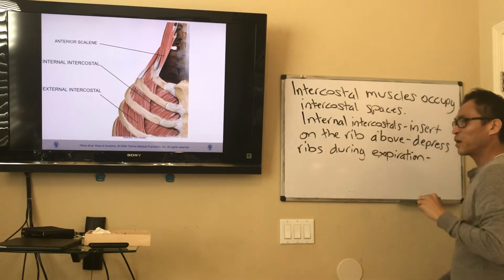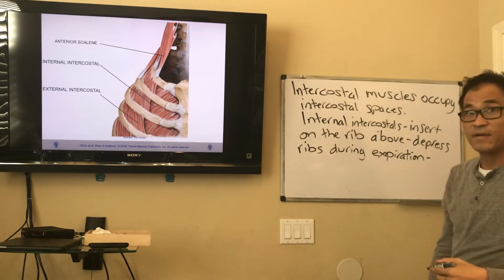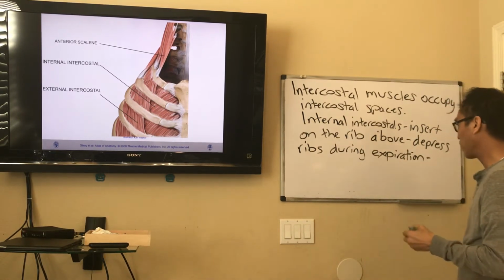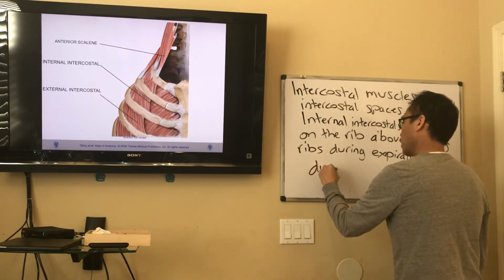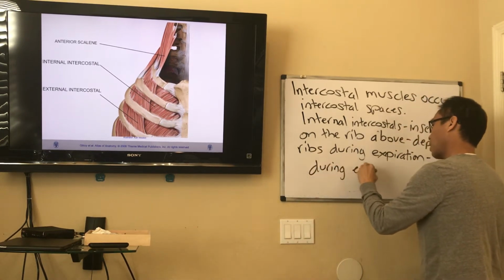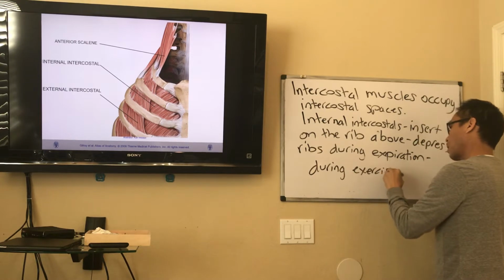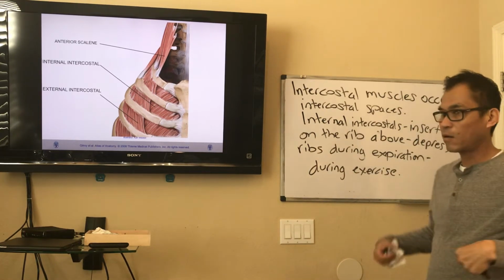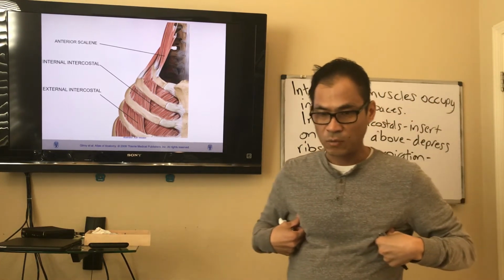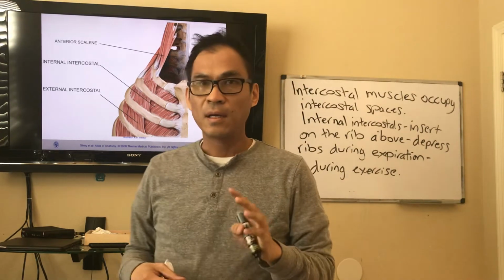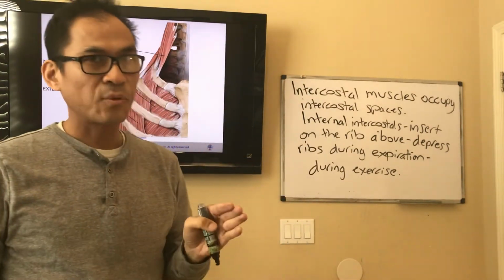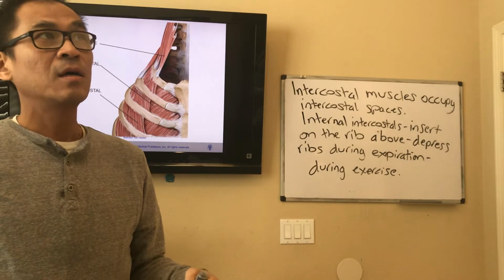Pretty much only during heavy exercise when you're really huffing and puffing. So when you take your breath out, your rib cage contracts. Usually breathing out, expiration, is a passive process.